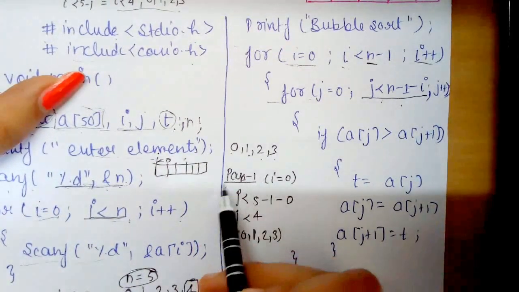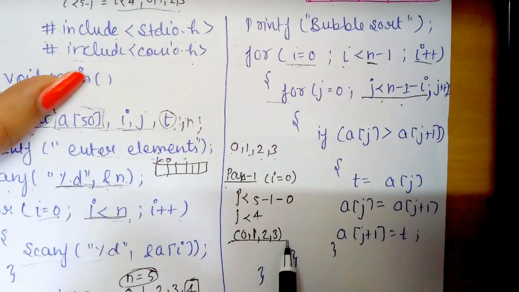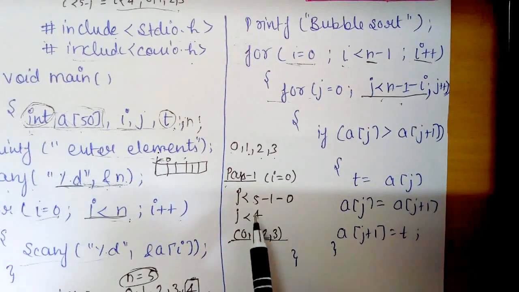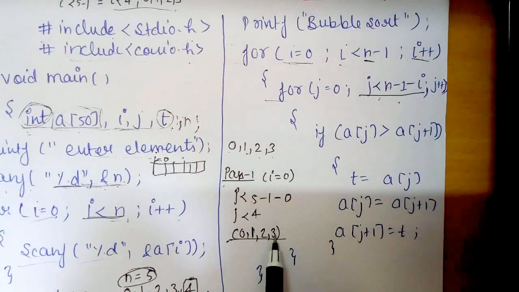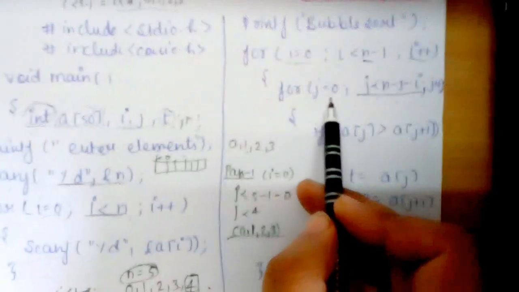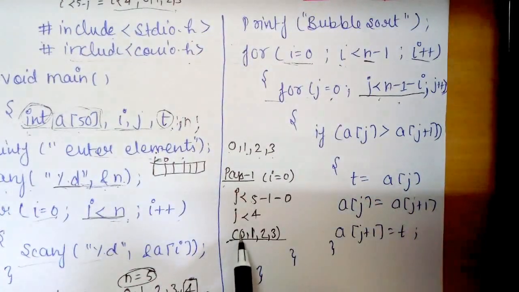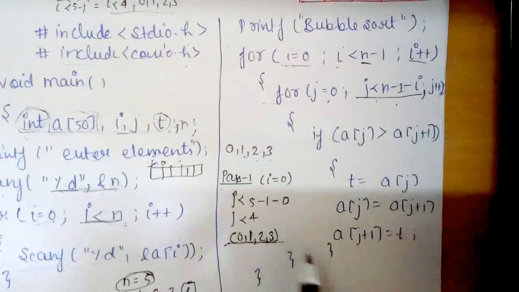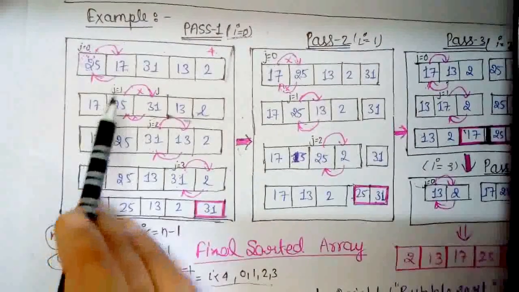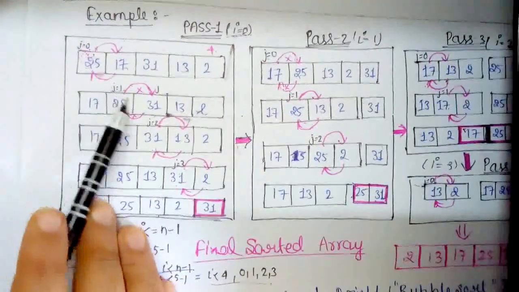So in pass 1 it will do 4 comparisons, because it will go less than 4, that is up to 3, and because j starts from 0, it will be 0, 1, 2 and 3. That means 4 times it will execute and do 4 comparisons, for 0, for 1, for 2 and then for 3.